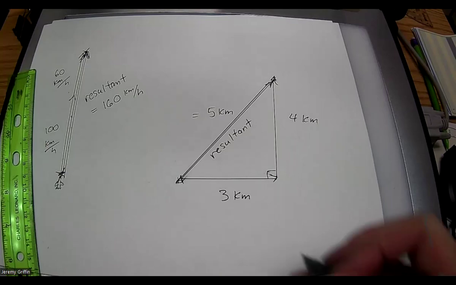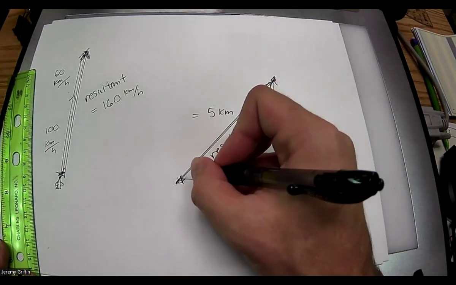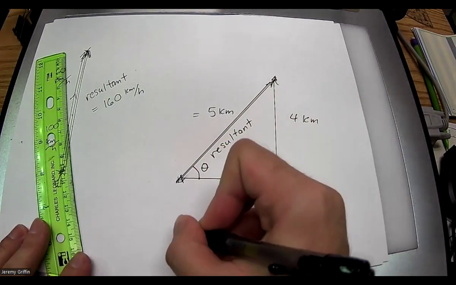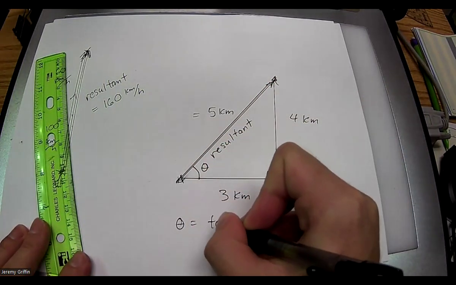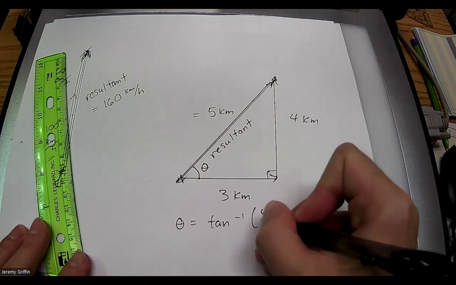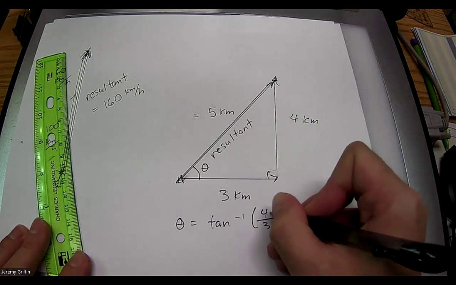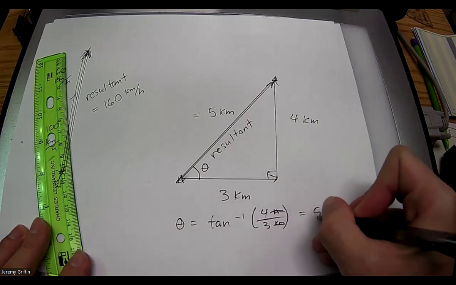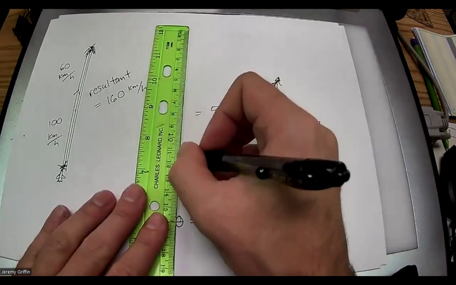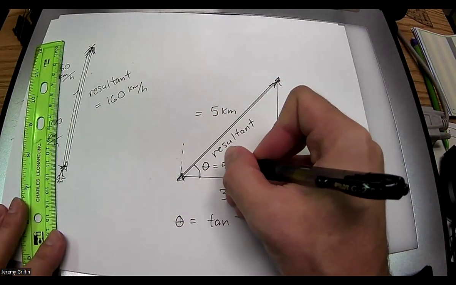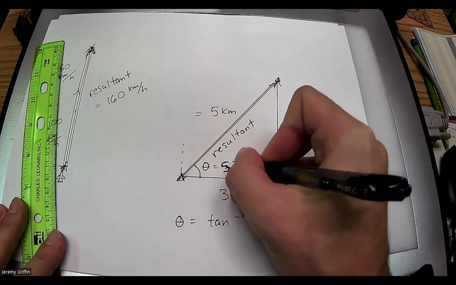Wait, there's more. What angle is this right here? Inverse tan of 4 over 3 kilometers. It's about 53 degrees.